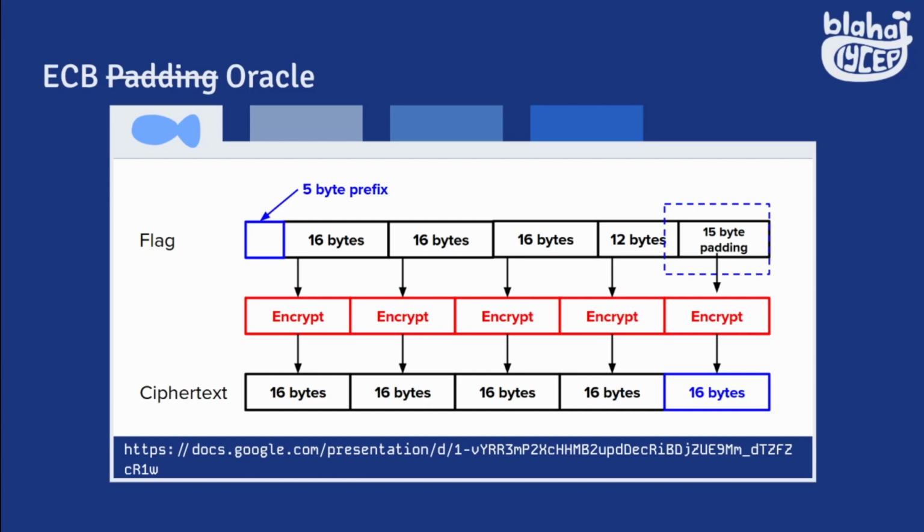Okay, so first, let's think about how we can reduce the search space of a character to be as small as possible. One character has 256 possible values because it's 1 byte. So let's force the 1 byte into the last block. How do we do this? Let's say our message is 16 plus 16 plus 16 plus 12 bytes, right?